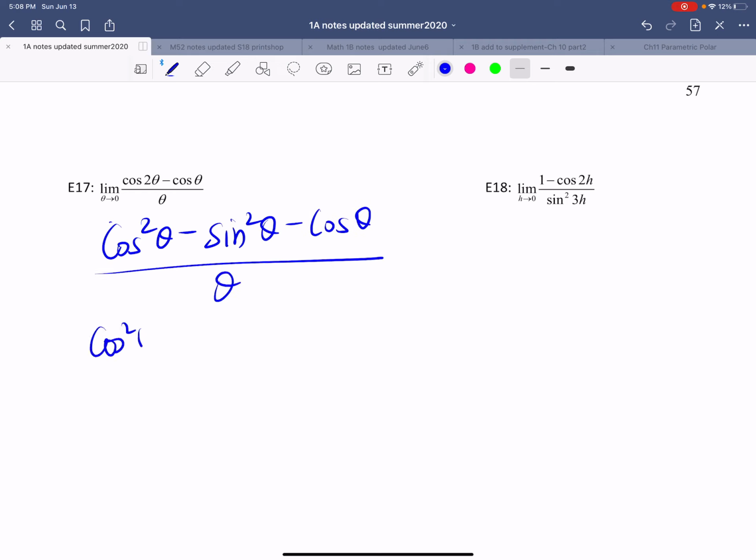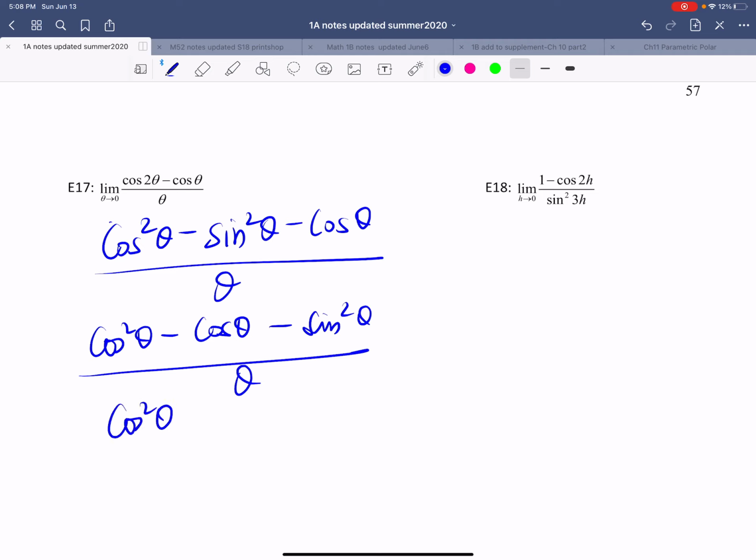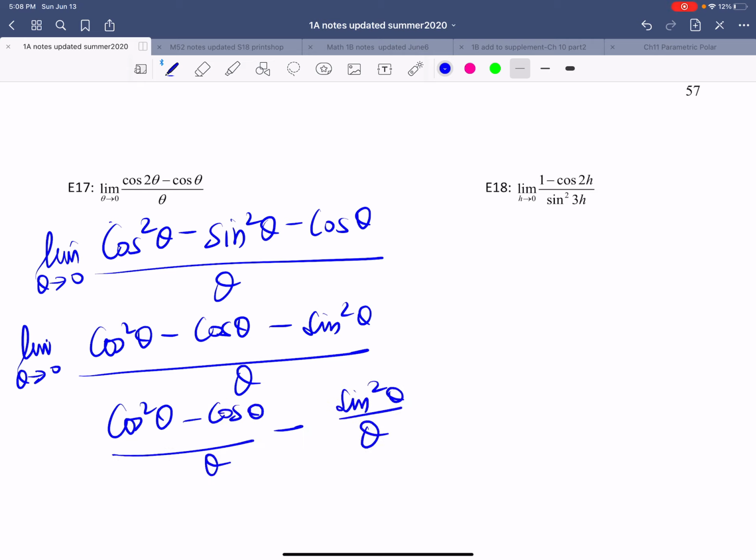Okay, so I'm going to isolate. I'm going to write it as still the limit as theta goes to 0 of cos squared theta minus cosine theta over theta minus sine squared theta over theta.